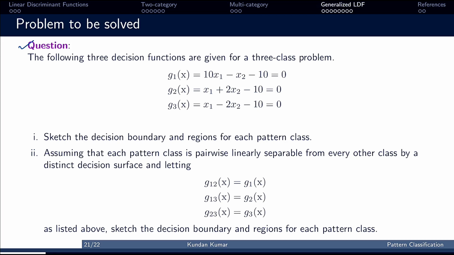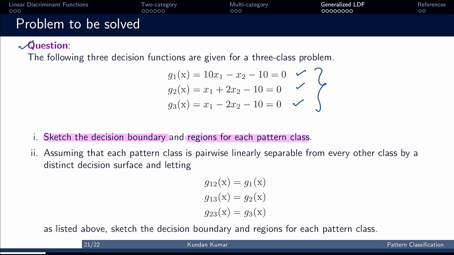The following three decision functions are given for a three-class problem: g1(x), g2(x) and g3(x). Here we have to sketch the decision boundary and the region of each pattern class.